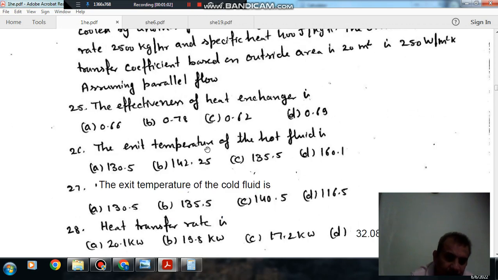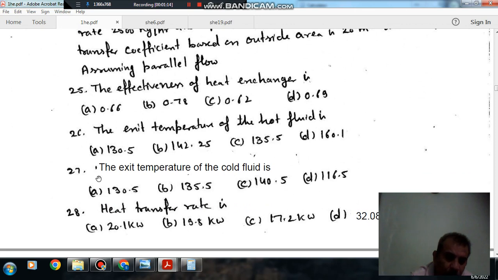Question number 26. The exit temperature of the hot fluid is option A 130.5, option B 142.25, option C 135.5, option D 160.1. Question number 27.